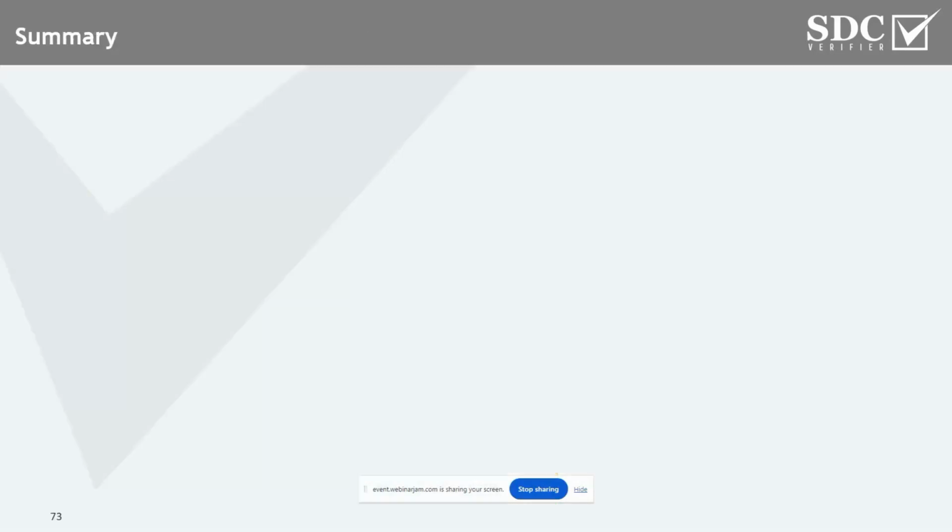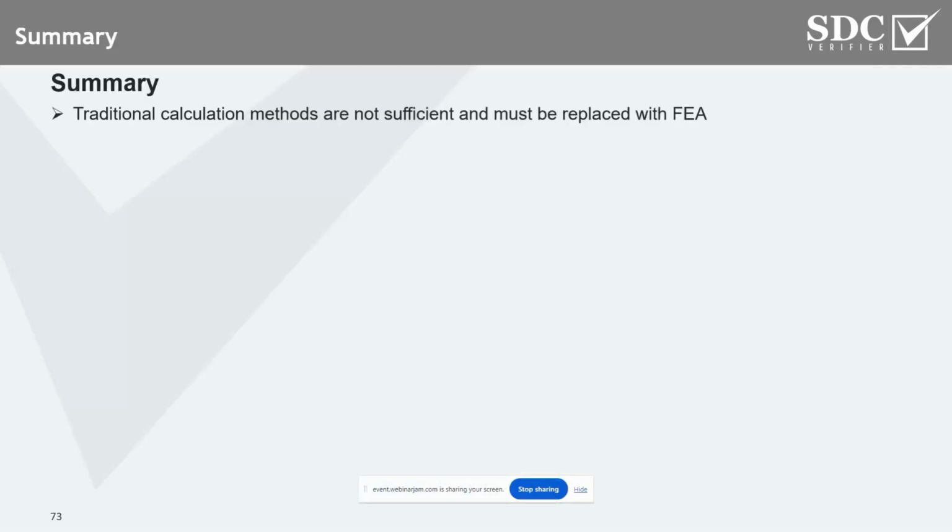So summarizing this short presentation, first of all, I would like to start from the traditional calculation methods, which are not sufficient and must be definitely replaced with FEA. So it has been proved multiple times. Sticking to industry standard is key to safety.